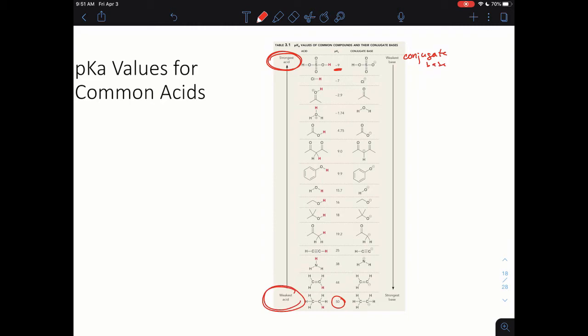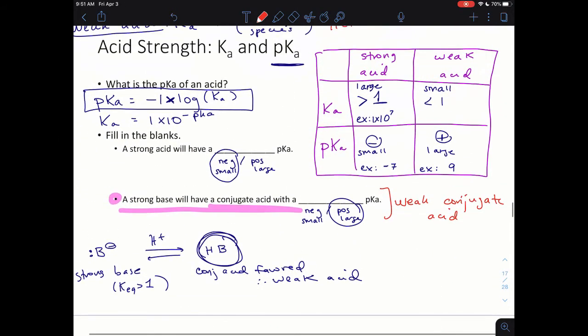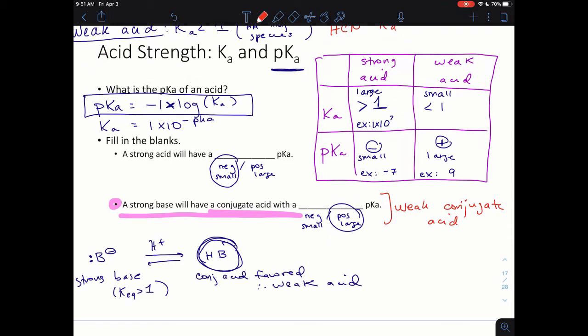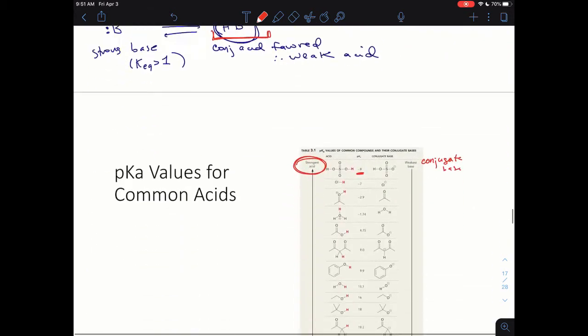The weakest acid will have the strongest conjugate base. And this comes out of this relationship here. A strong base, by definition, has a weak conjugate acid because a strong base accepts lots of protons, and the side with the acid will be favored at equilibrium.